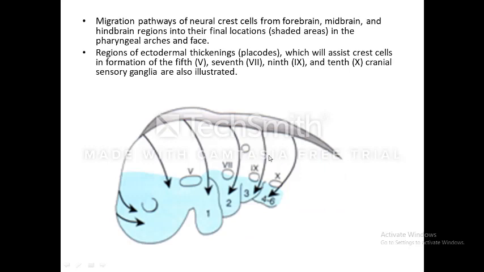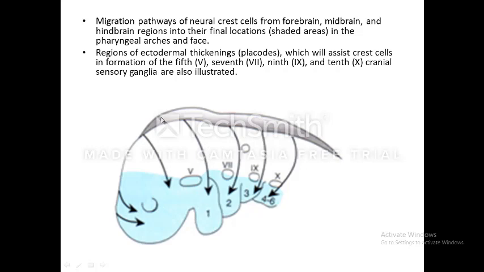This slide shows the migration pathway of the neural crest cells from the forebrain, midbrain, and hindbrain region into their final location, which is the shaded area in the pharyngeal arches and face.